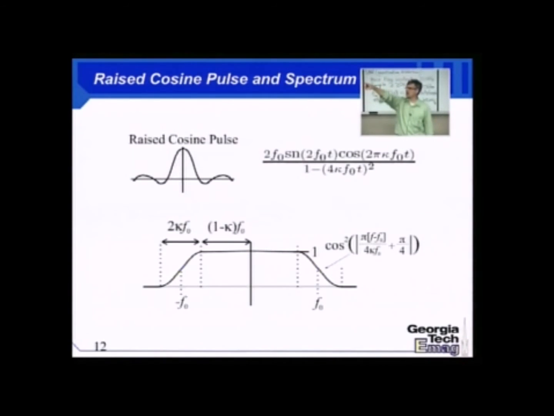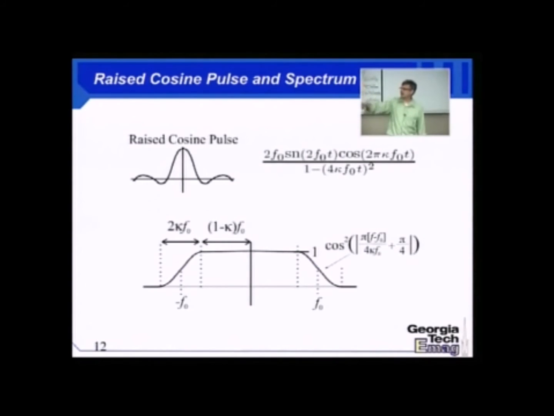There's this cosine term, and there's this 1 over 4 kappa F naught T squared. F naught is the fundamental frequency of your zero crossings. Kappa is the roll-off factor. It's a value between 0 and 1. If kappa is equal to 0, it's a Sinc-Function. The cosine term and the denominator go away, and you're just left with the sinc.